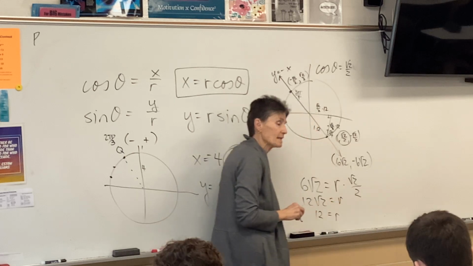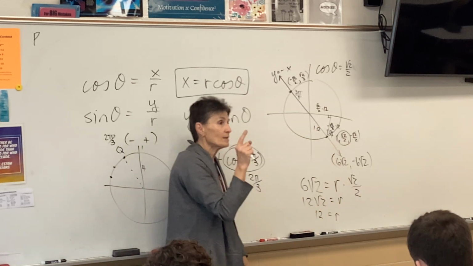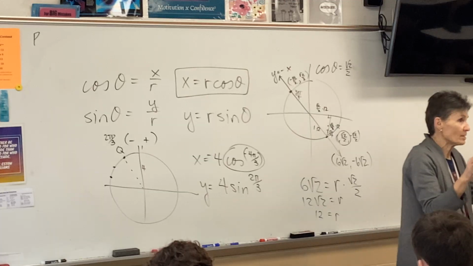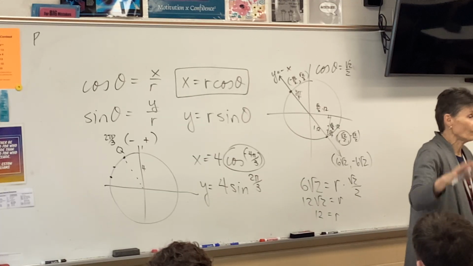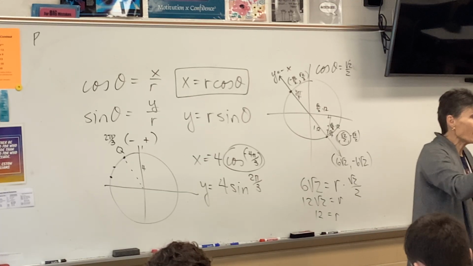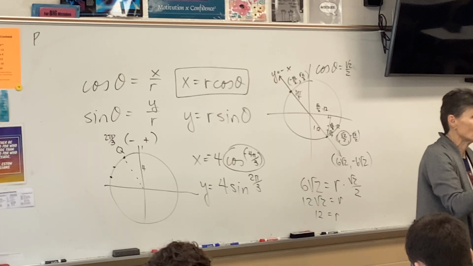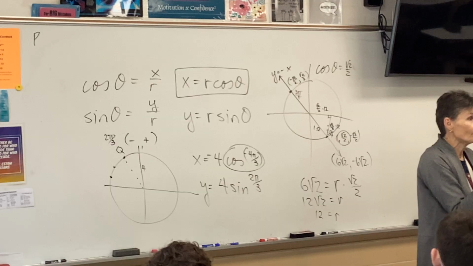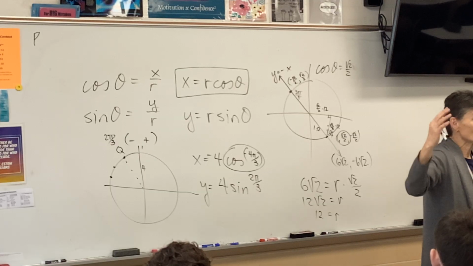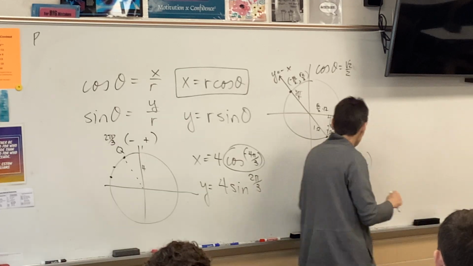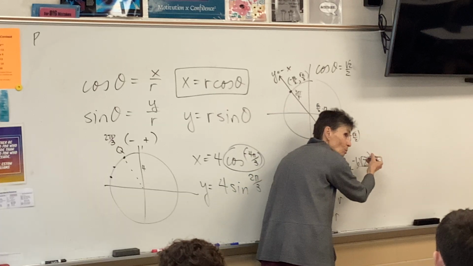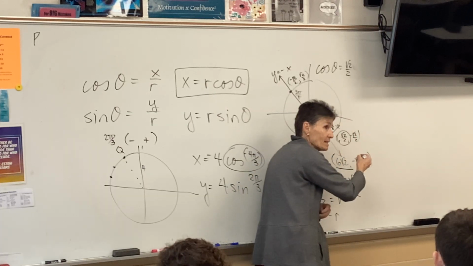Exactly. Your sine and cosine aren't going to change. In any circle that you draw, the sine of pi over 4 is root 2 over 2. I can get those straight from the unit circle. If I blow my circle up, then what changes are the coordinates, x and y, and the radius.